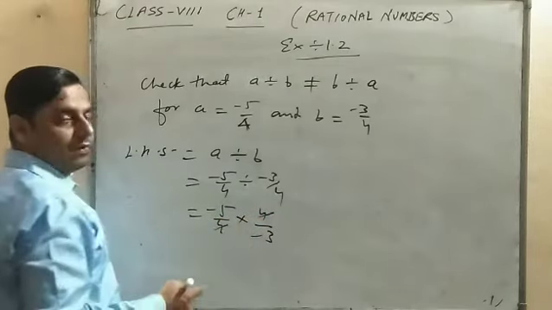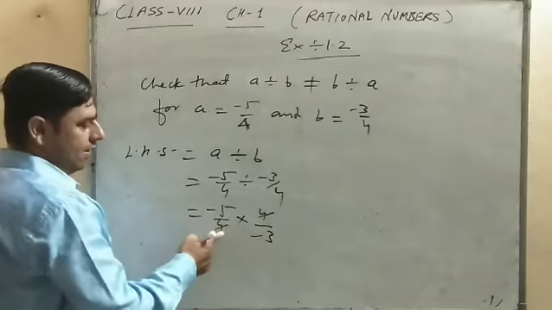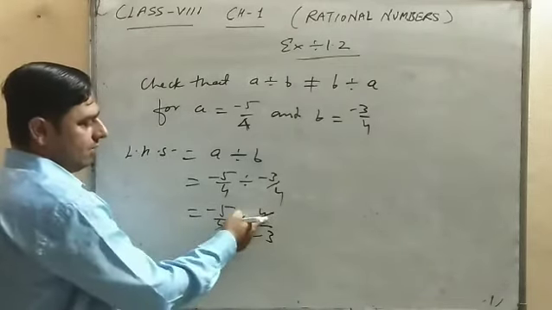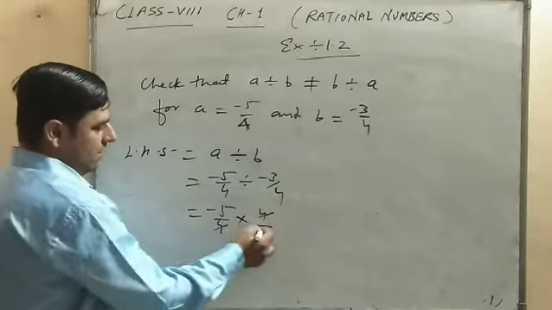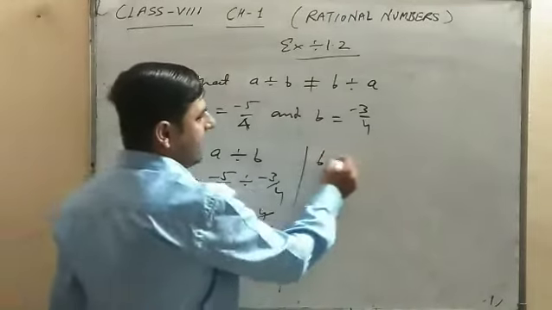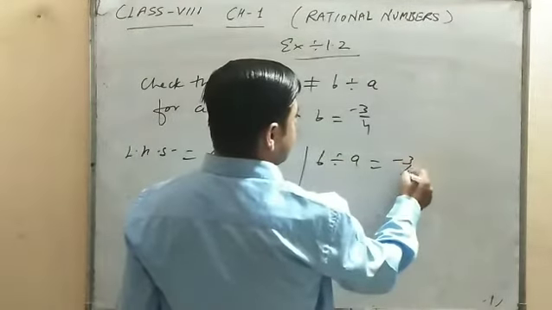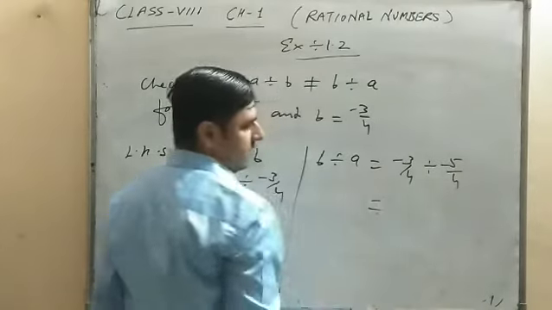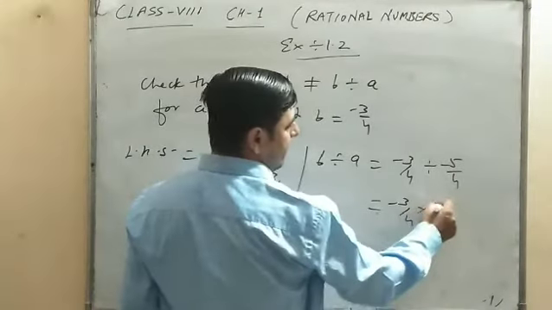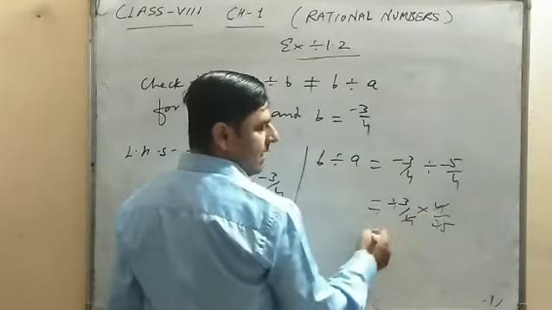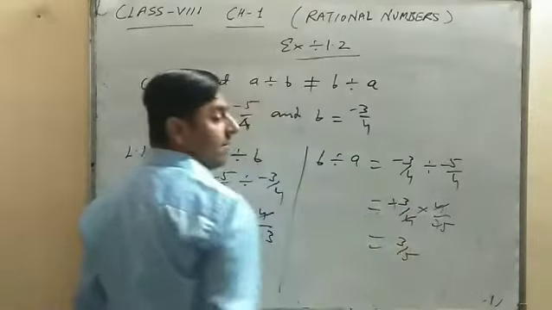So 4 will be cancelled by 4, and minus by minus, then the result is 5 by 3. And B divided by A means minus 3 by 4 divided by minus 5 by 4. So minus 3 by 4 into 4 by minus 5. 4 and 4 cancel out, minus and minus cancel out. So the result is 3 by 5.